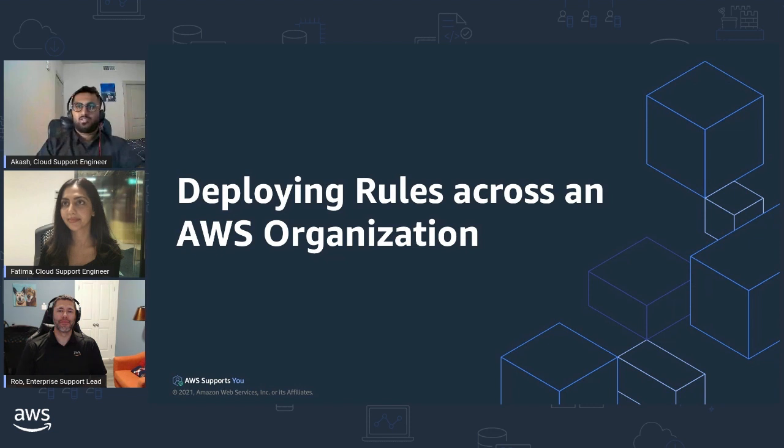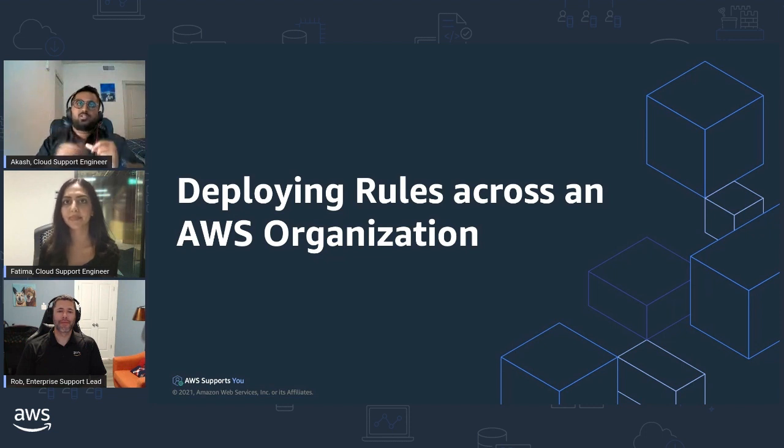Sure, I can go ahead and take that one. So generally for AWS Config rules, you can just deploy one rule at a time. But conformance packs are like an entity that you can deploy multiple rules with. So as Fatima mentioned, you can deploy up to 130 config rules, and you can have multiple remediation actions set up in the CloudFormation template, the template that we are using as well.